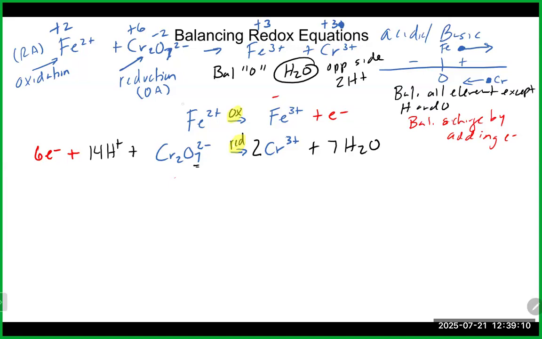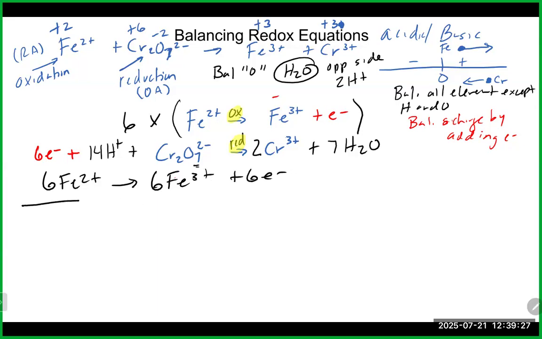So that's going to require us to take the top half reaction and multiply it by 6. And I'm just going to rewrite it underneath the bottom reaction. So that'll give me 6 Fe2+ goes to 6 Fe3+ and 6 electrons. Now I am ready to add these together. Anything that's on opposite sides of the arrow can completely cancel or reduce down.